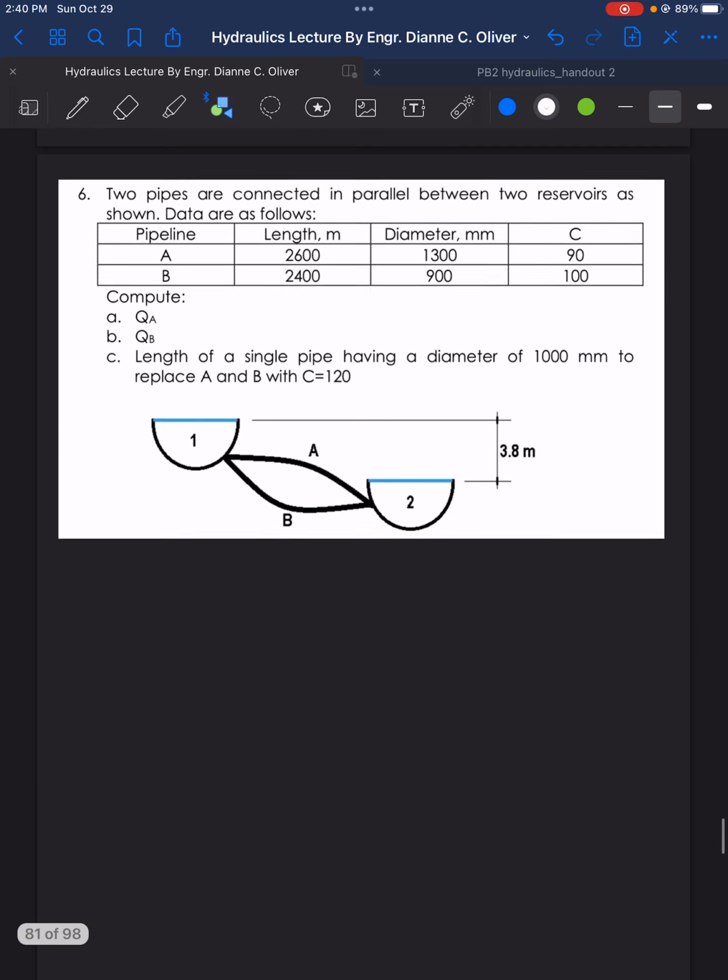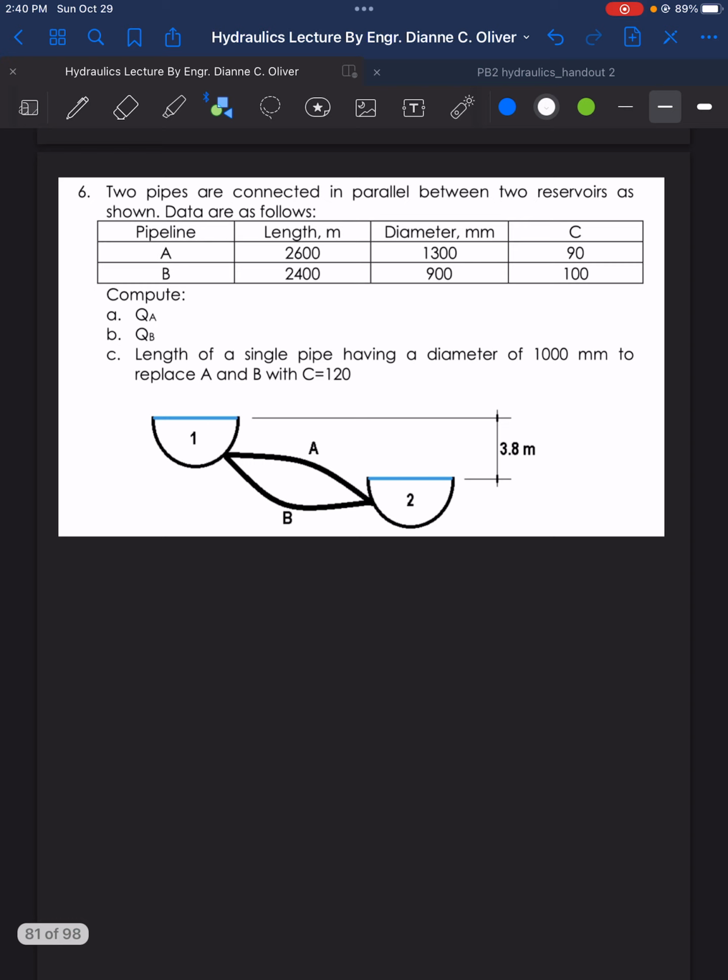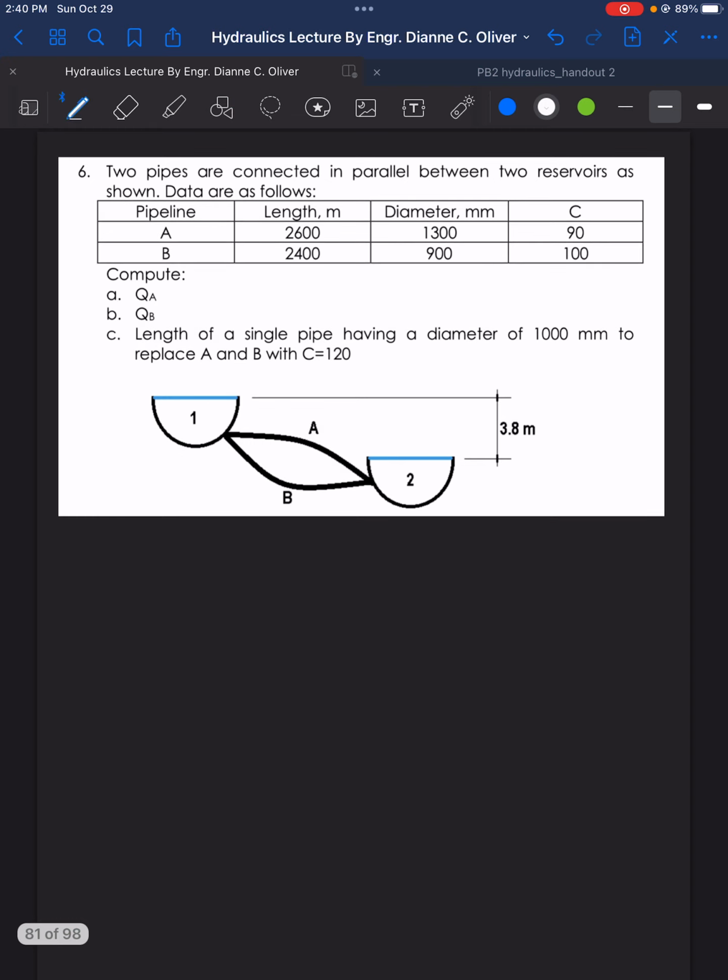Now let's go to example number 6. Two pipes are connected in parallel between two reservoirs as shown. Data are as follows. Pipeline A and pipeline B have lengths of 2,600 meters and 2,400 meters, diameters of 1,300 mm and 900 mm, and coefficient C of 90 and 100.